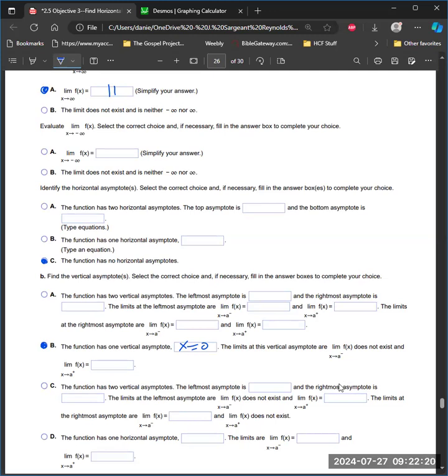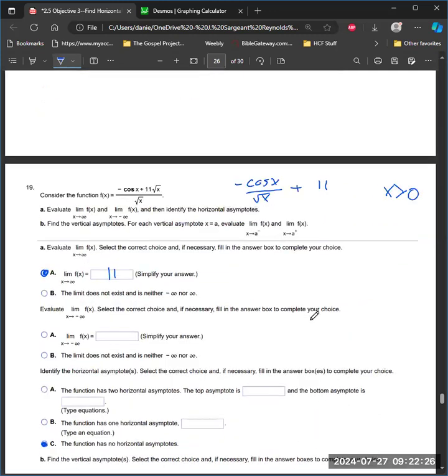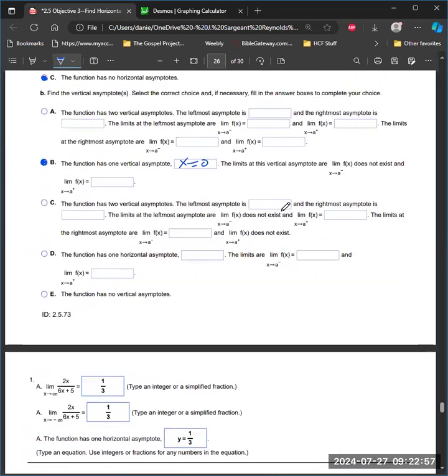From the left, it doesn't exist, and from the right, this is going to be a negative infinity. This is getting close to -1 as x gets close to 0, and this is getting close to infinity here. So -1 over infinity, that's going to be a negative infinity.